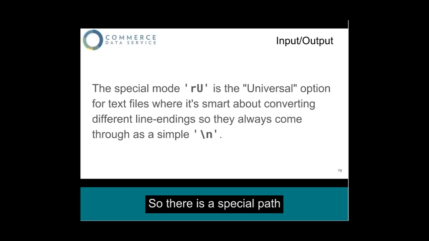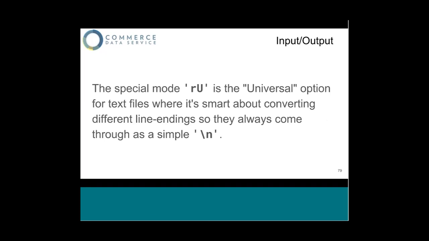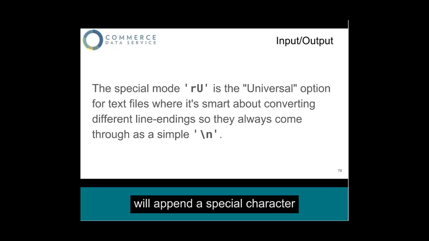So there's a special mode that you can pass, which is U, capital U, which stands for universal. And what happens here is that different operating systems will append a special character to the end of lines in programs. Windows, I think, technically uses carriage return and new line.